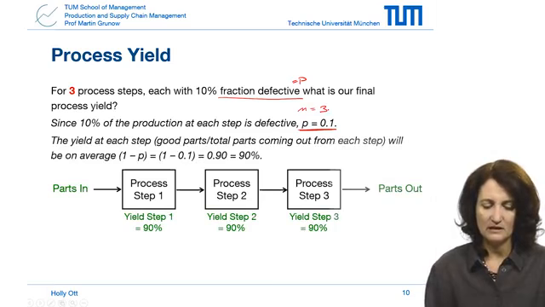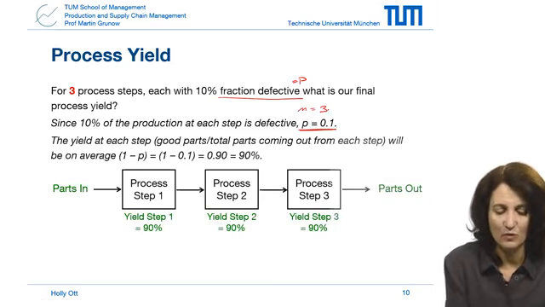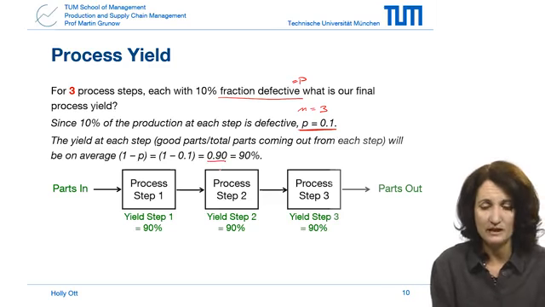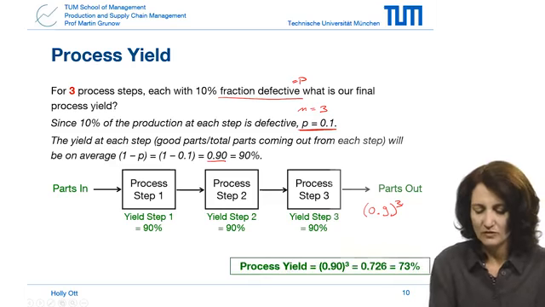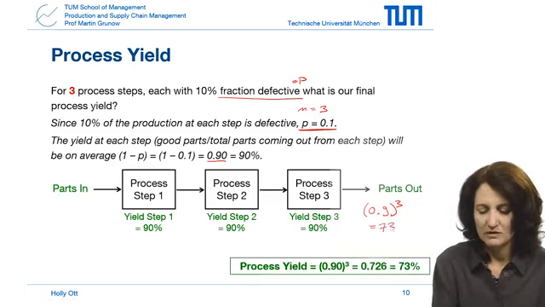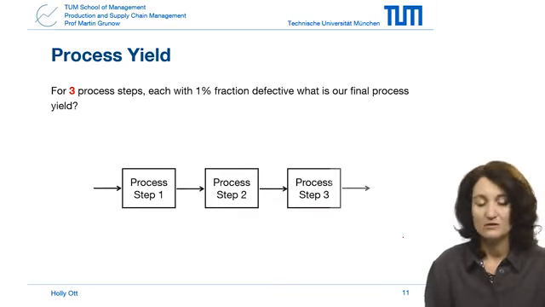And this means then we have the fraction good parts coming out of each step is 1 minus P. 1 minus 0.1 is 90% or 0.9. And we can then calculate 0.9 to the power of 3 to give us an overall process yield of 73%.